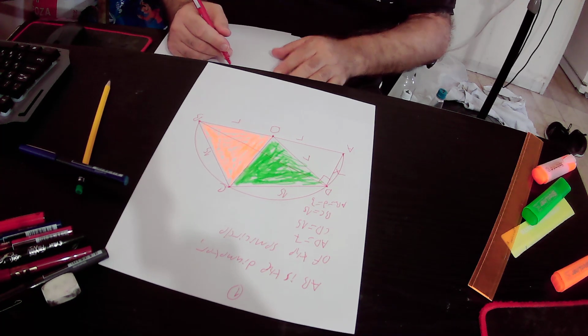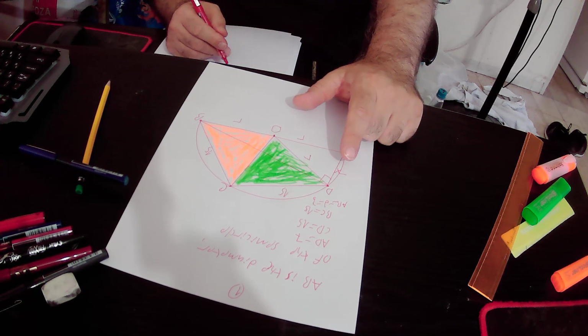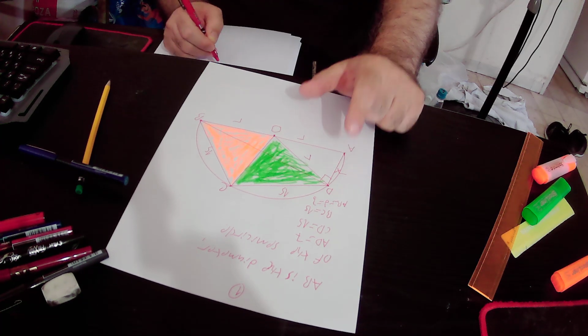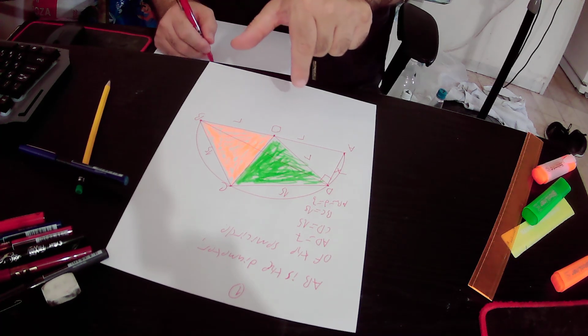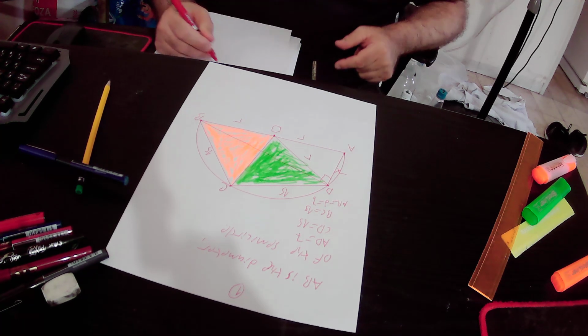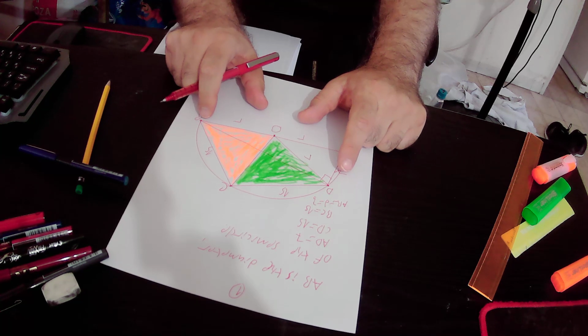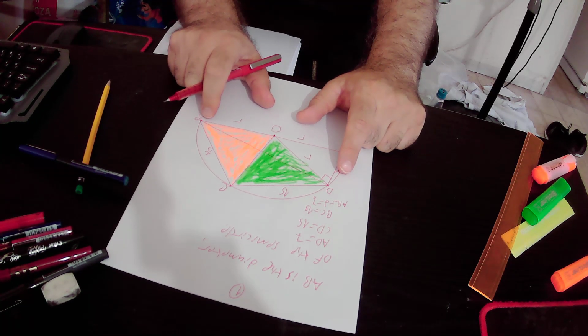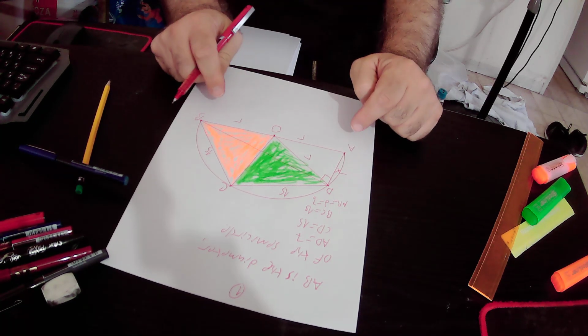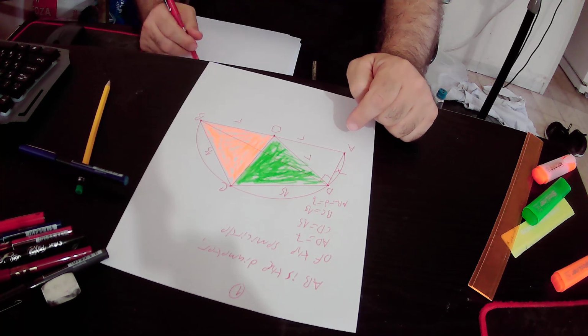and we also know that side DO of the green triangle is equal to side OB of the orange triangle, both those two sides are the radiuses of this semicircle.